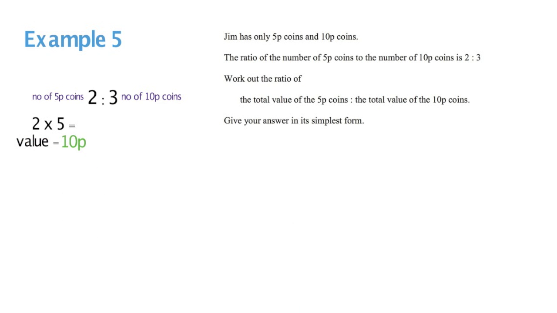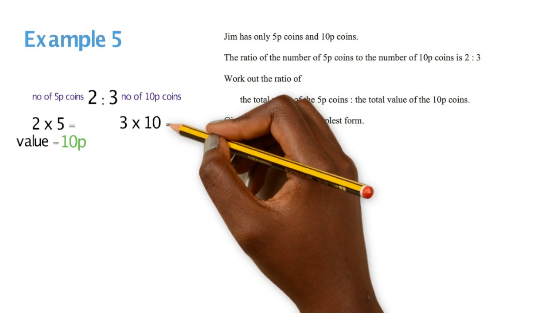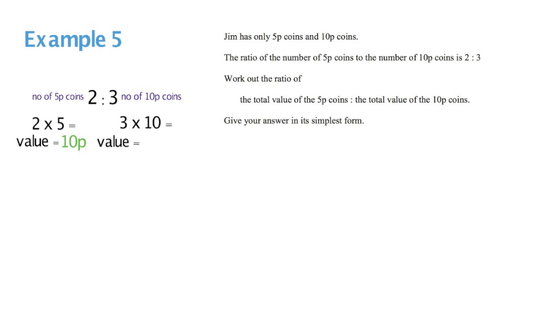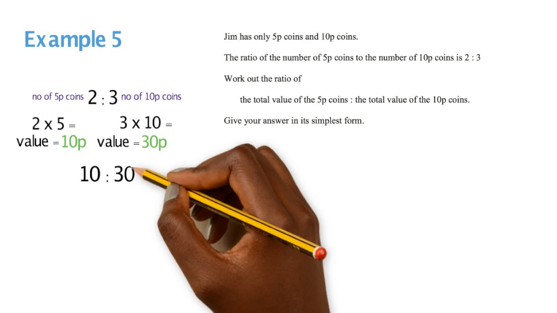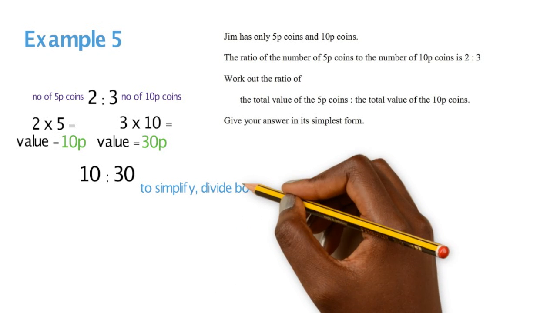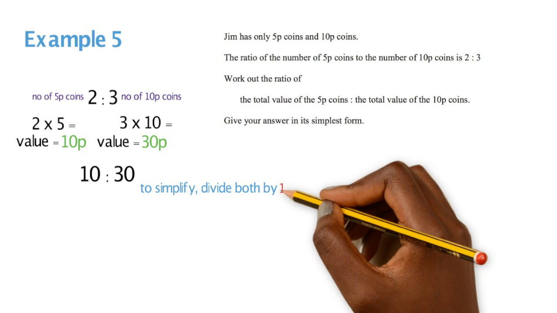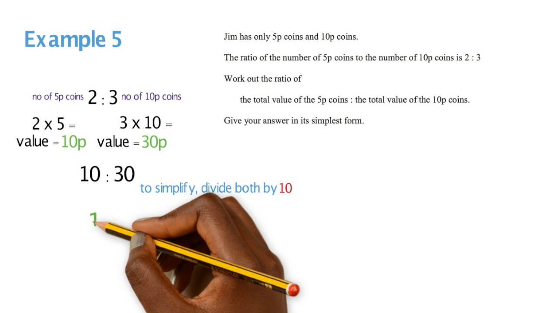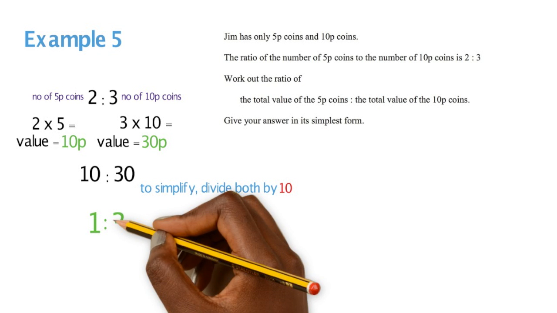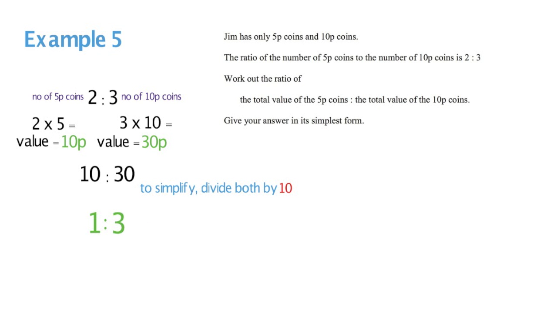So for the 5p's, that would be equivalent to 10p, because you've got 2 lots of 5p. And if you have 3 lots of 10p, you would have a total of 30p. Then put those two numbers together in the ratio, because for every 10 pence you have 30 pence. And then to simplify this ratio, you need to divide them by the same number, kind of like when you simplify fractions. So in this case, you can divide them both by 10. So the final answer would be 1 to 3.